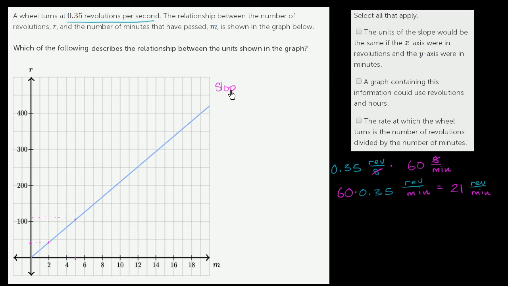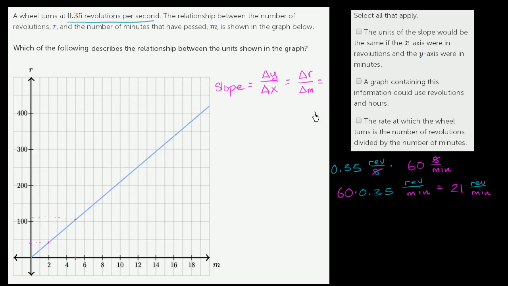Slope is defined. It's not just a rate. The slope is the rate of change of the vertical axis, of the y-axis, with respect to the horizontal axis. So the way that the graph is set up right over here, this would be the rate of change of our revolutions with respect to the change in our minutes, or m. I don't like using m because m could be confused with meters, but they did that here. So what is that?